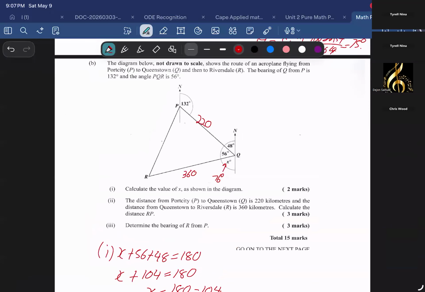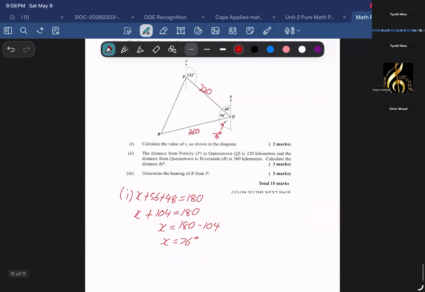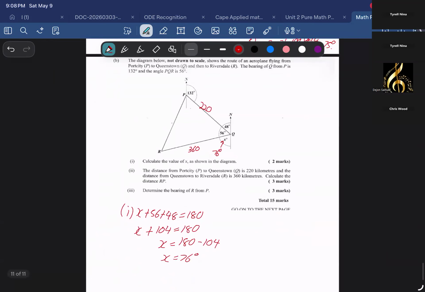They want the distance RP. So we know it's either sine rule or cosine rule. Part 2: do we have an angle and the side directly opposite? No, we don't. So we're going to have to use cosine rule.